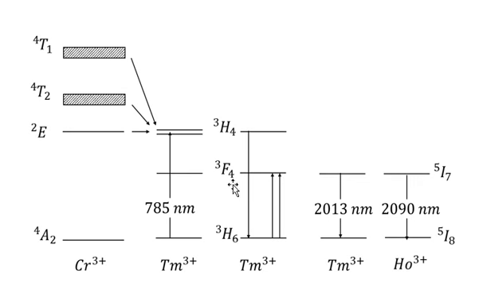Then the next higher level is 3F4, and the next to that is 3H4. These three levels are important for our description of the laser, so I have mentioned only these three levels: 3H6 as the ground state, and the next higher levels 3F4 and 3H4. These are the three levels due to the triply ionized thulium ion.